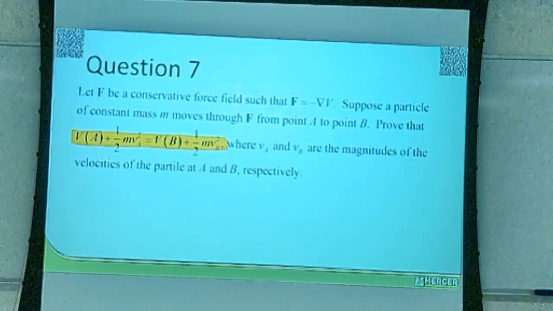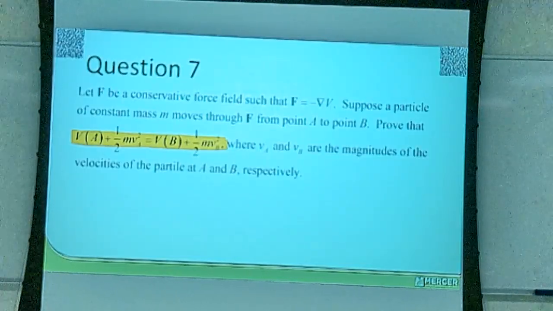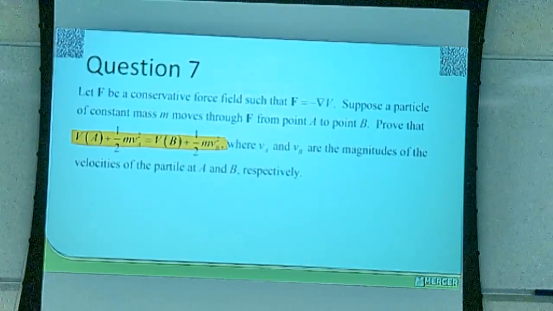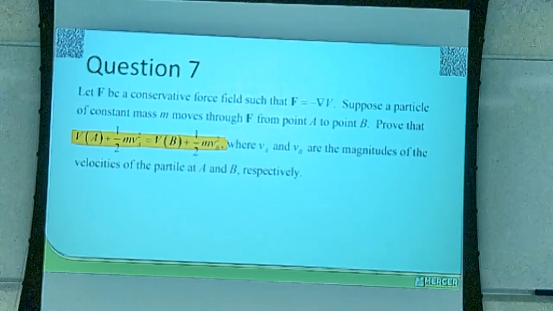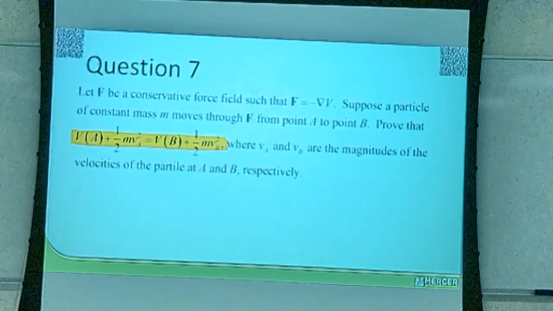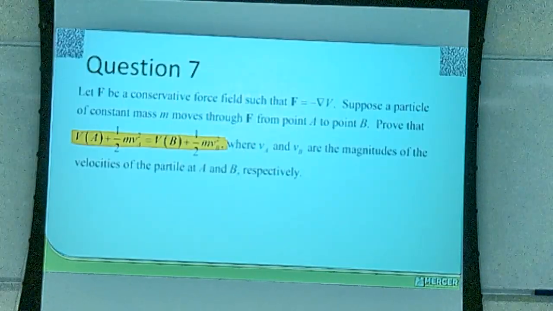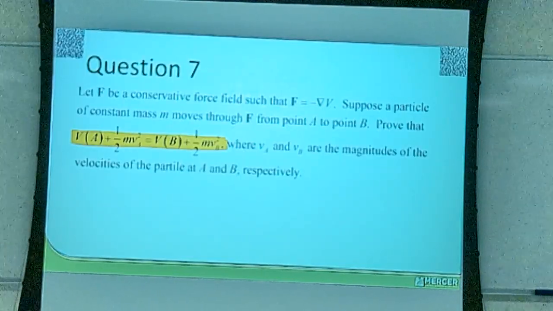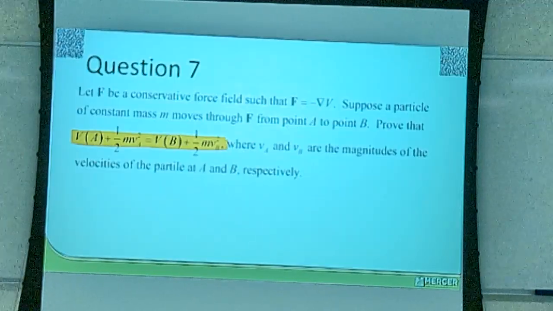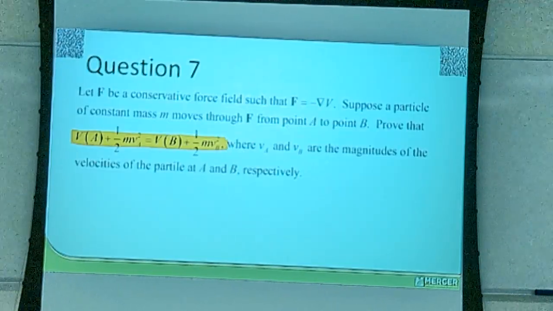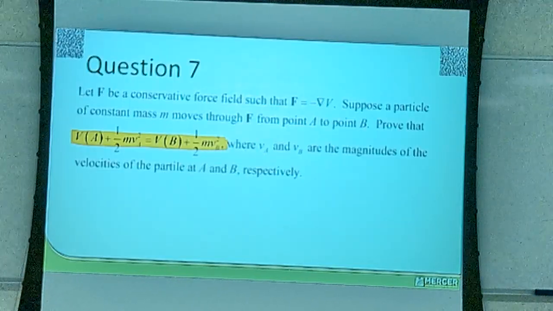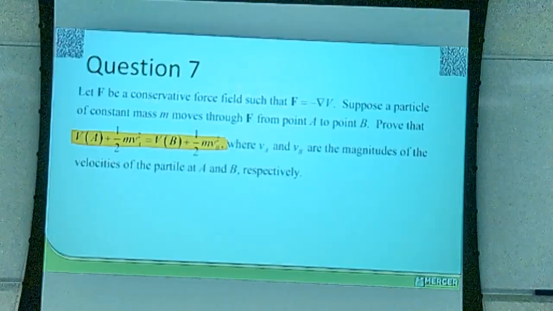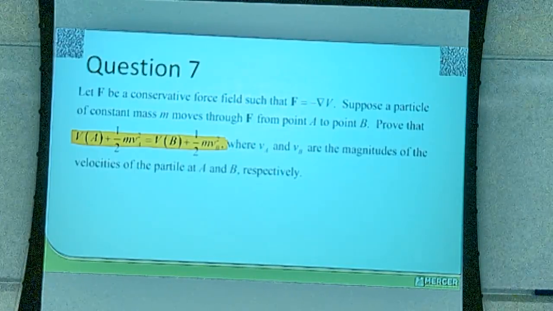So that's saying the total energy at point A is equal to the total energy at point B, which is the conservation of energy. Right? Change in energy is always zero through a conservative force field. This is only like the number one law of physics. Energy is conserved.